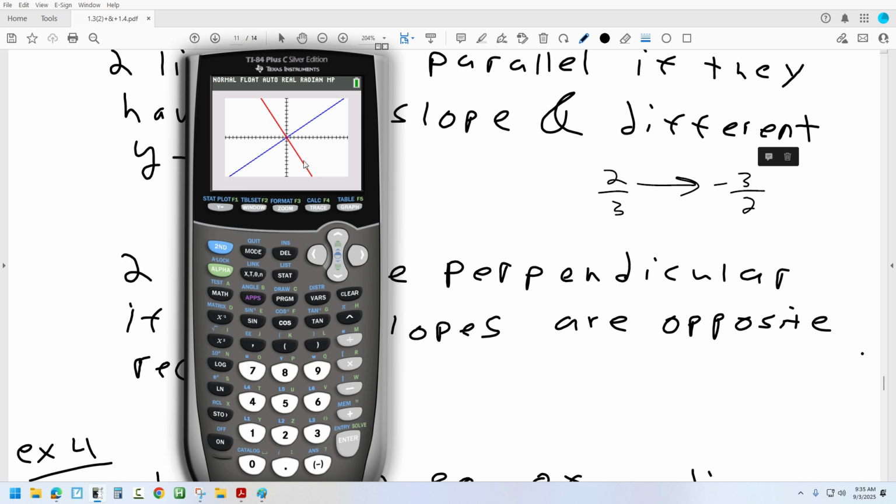And if you look at the window, notice on the height, we have 20 units. On the width, we have about 32 units and a little left over.